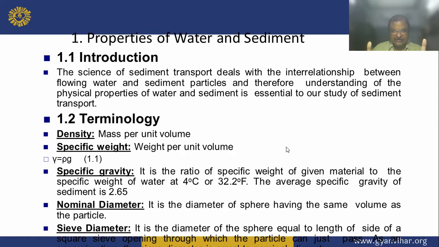Density is mass per unit volume. Specific weight is weight per unit volume, so gamma equals rho g, and this formula will be applied.